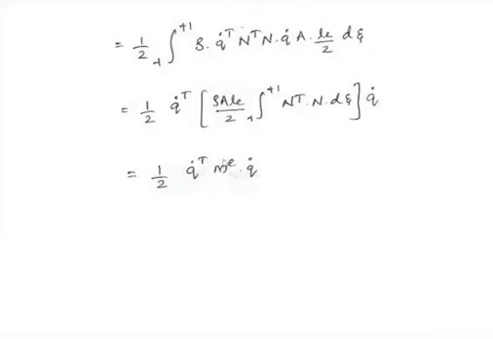So Me represents the mass matrix, which is given by rho A Le by 2 integration -1 to +1 N transpose N d zeta.